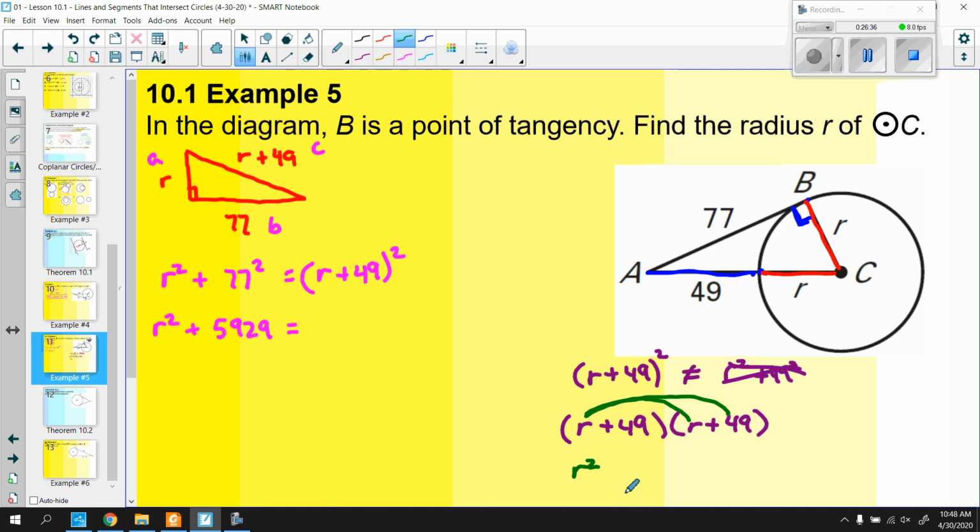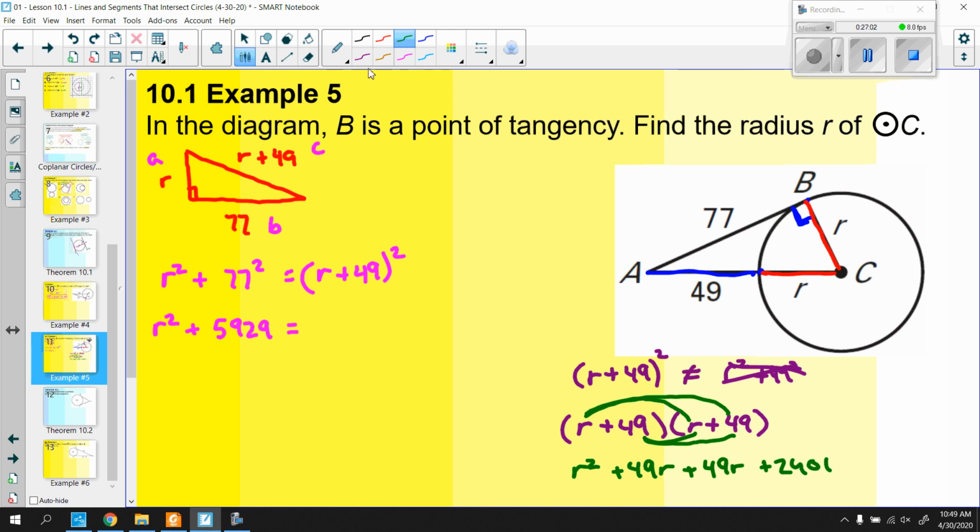R times 49, 49r. 49 times r, well, there's another one, 49r. And then this last one, 49 times 49, get your calculator, 49 times 49 is 2401. Sometimes people call that FOIL. That's how you have to approach this problem. I can't go right from this to r squared plus 2401. You're going to miss this middle term.